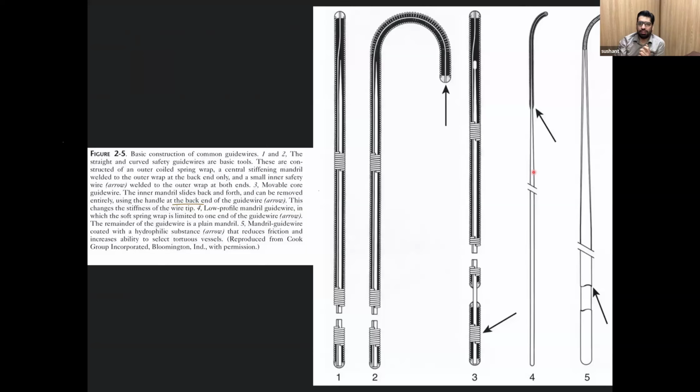There are multiple kinds of guide wires, as we will see as we practice ahead. It can be a straight tip guide wire, it can be a J tip guide wire, it can be a guide wire which has the ability to change its stiffness so that the floppiness can be extended, and it can be a smaller core where the springs are just at the distal end and the mandrel core is seen behind.